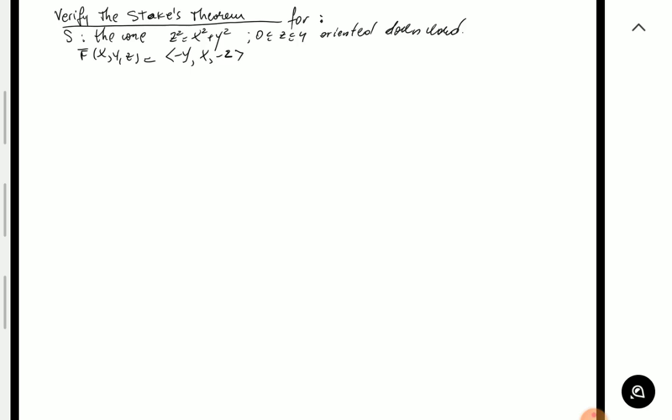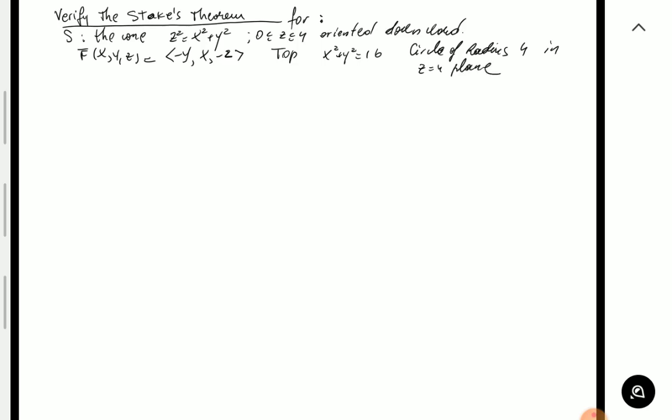All right, so let's sketch this a little bit. If z equals 4, notice that the top is going to be x squared plus y squared equals 16, which is a circle of radius 4 in the z equals 4 plane.